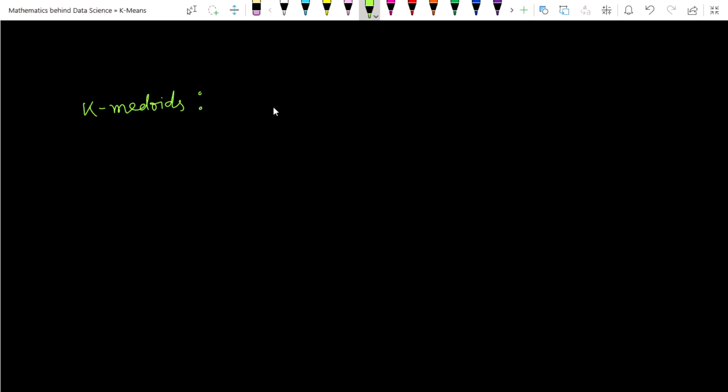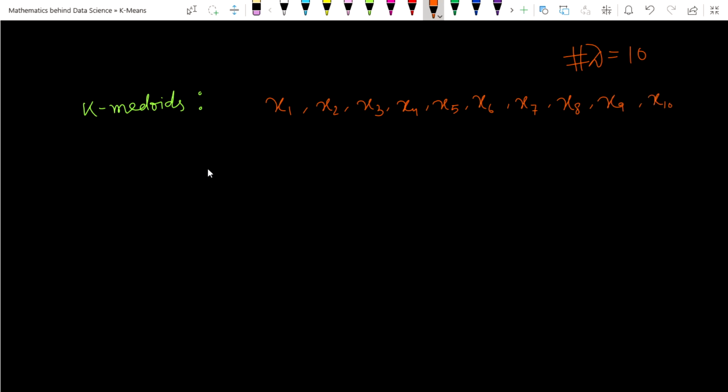It will be better if we discuss it through an example. Suppose our data set has 10 points, such as 1, 2, 3, 6, 4, and so on. First we have to pick a random value and treat it as a centroid.